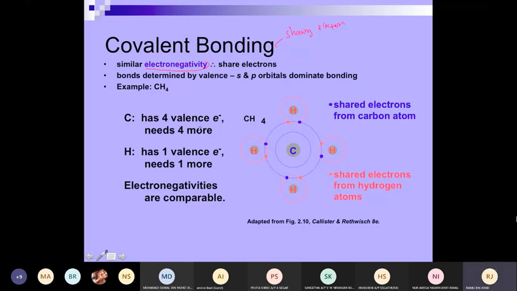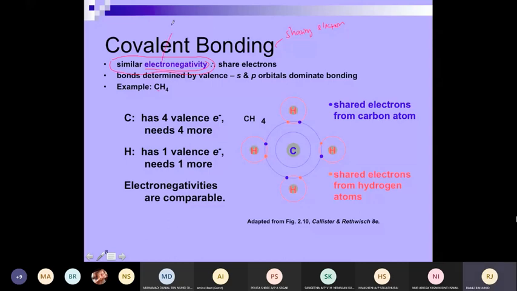For example, CH4, carbon and hydrogen. Carbon has 4 valence electrons. Hydrogen has 1 valence electron. Because the difference is not that far, that is what we call similar electronegativity.